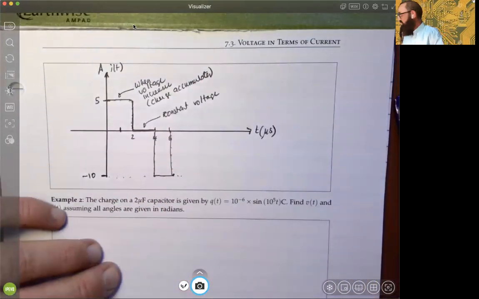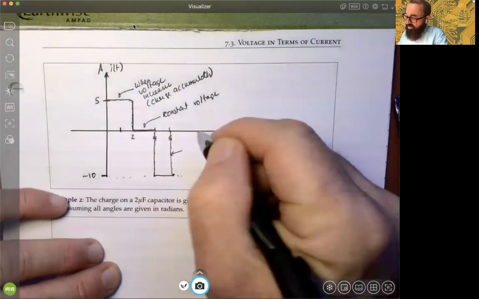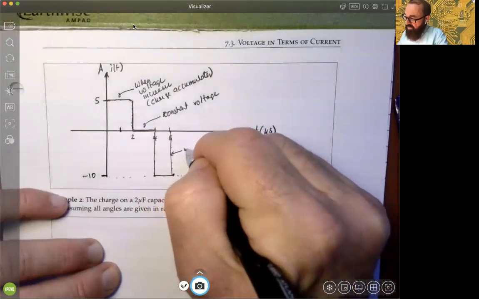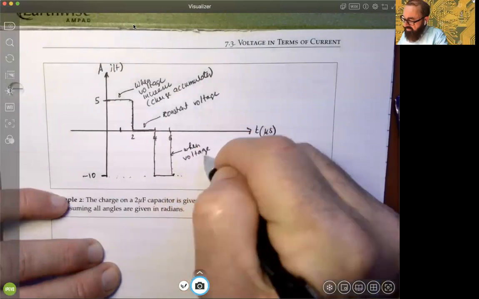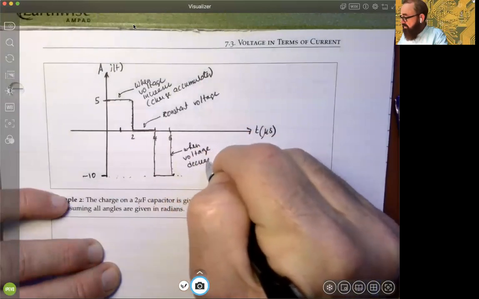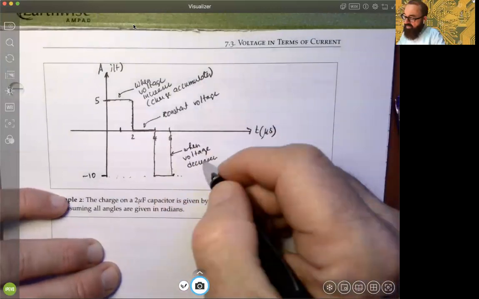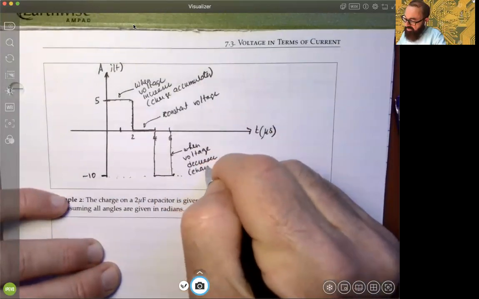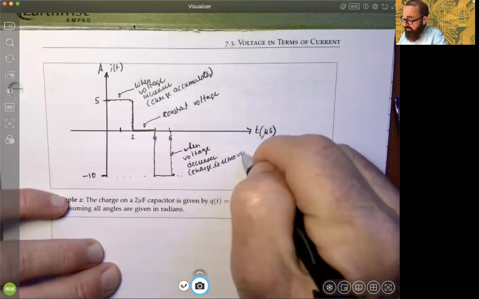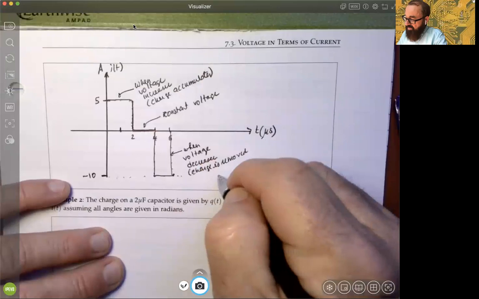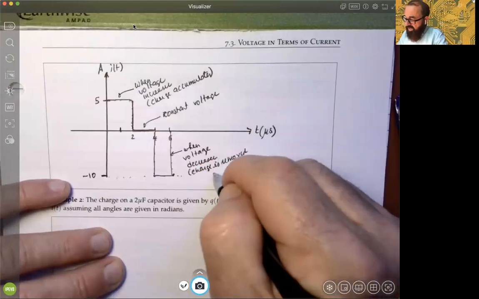This curve is due to when the voltage decreases, and the charge is removed, or supplied, you could say.